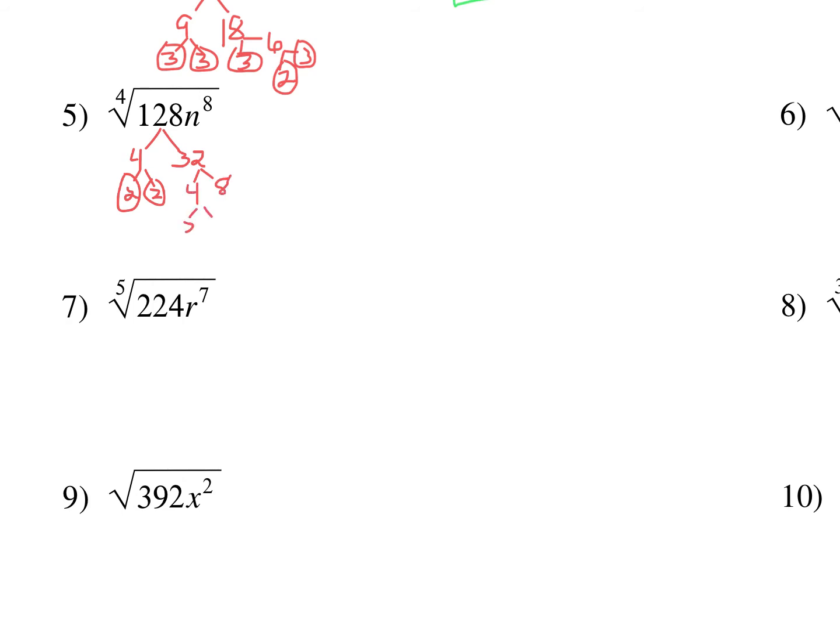So that 4 is 2 2s, and hopefully by now you know that 8 is 3 2s. So 128 is made up purely of 2s.